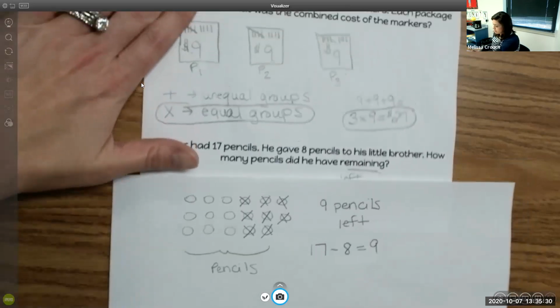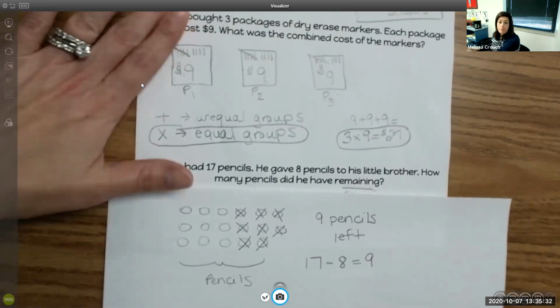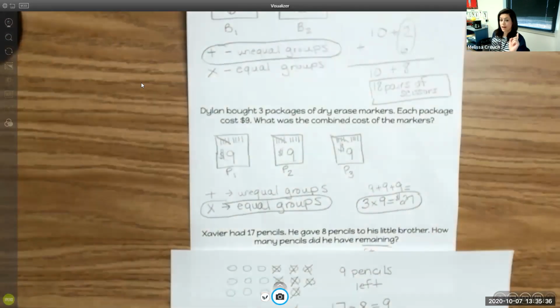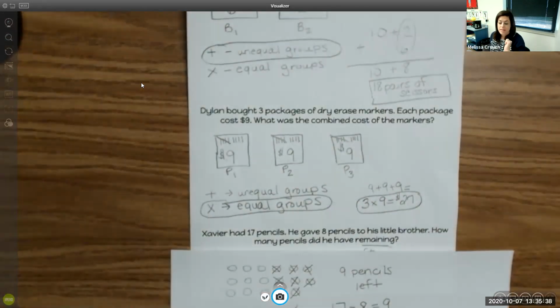So tell me what you think. Well, you can't really tell me, but if you think about it, I can guarantee that a lot of you thought all of the problems that we were going to be dealing with were going to be multiplication, because you probably thought, hey, the last 2 weeks we've been multiplying, so I know all the problems will be multiplication. Nope.